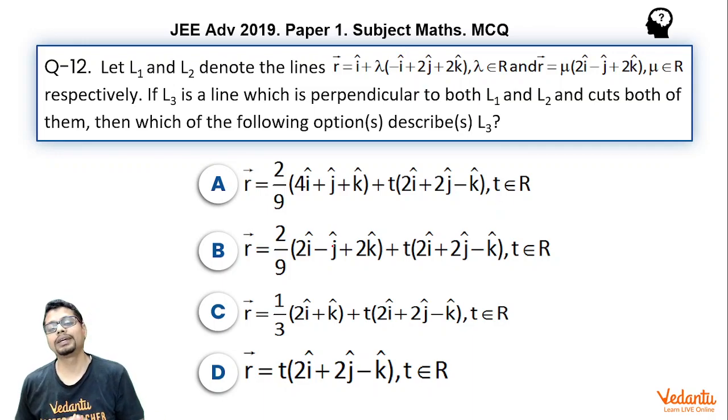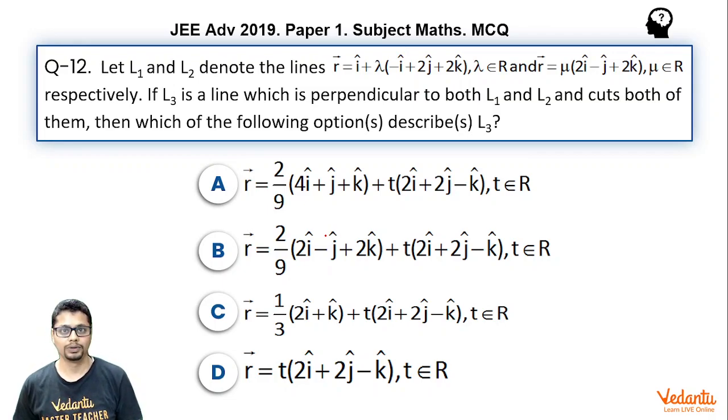First of all, you should consider how these two lines L1 and L2 are situated with respect to each other. Are these parallel lines? If they are parallel, then line L3 would be a set of parallel lines, parallel to a vector lying in the plane containing L1 and L2 and normal to these two lines.